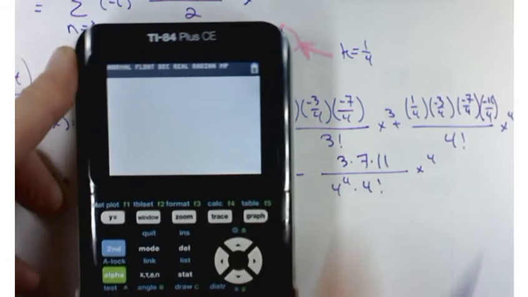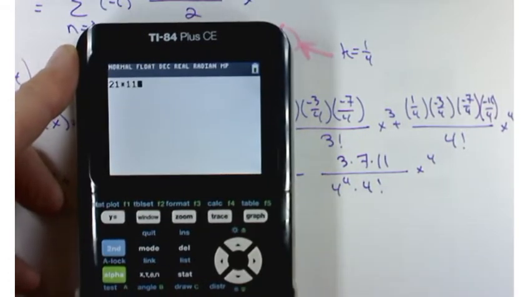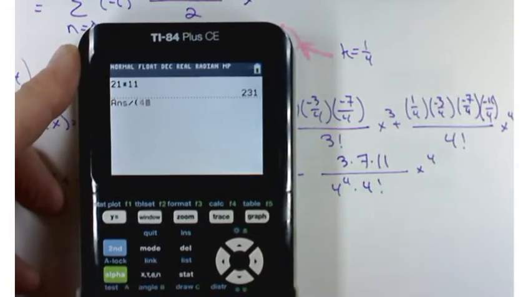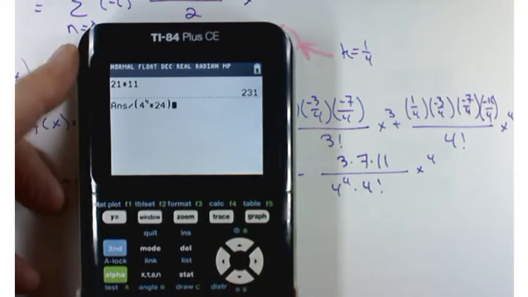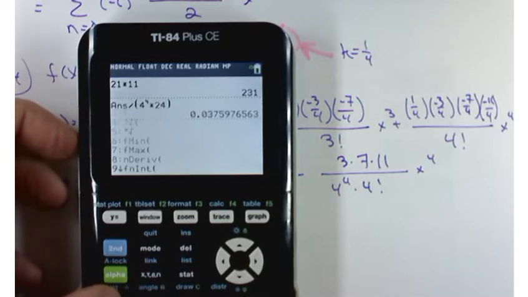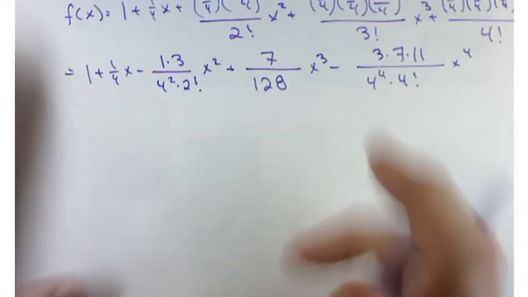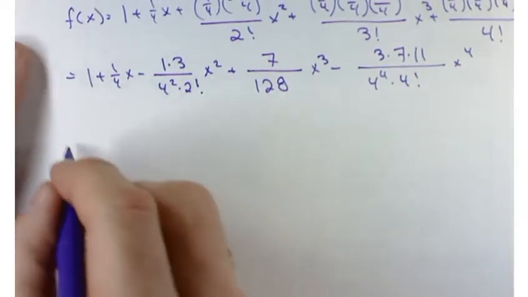So it's going to be 21 times 11 divided by 4 to the 4th times 24. And wow, lovely garden variety fraction of 77 over 2048.